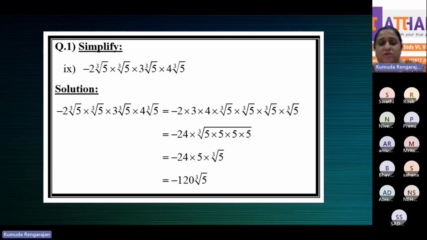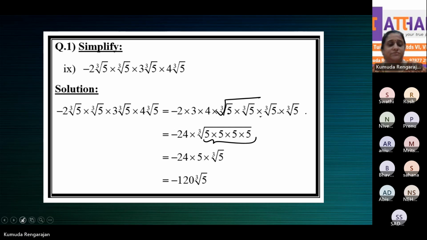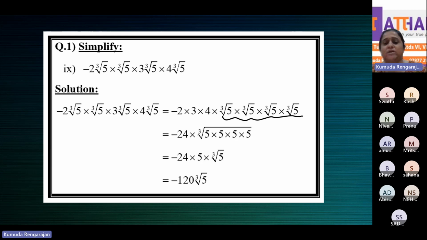So here, that's what I've done. Cube root of 5, 5, 5, 5, 4 times, separately we have a product. So I put this cube root symbol and written 5 into 5 into 5 into 5 under the cube root.